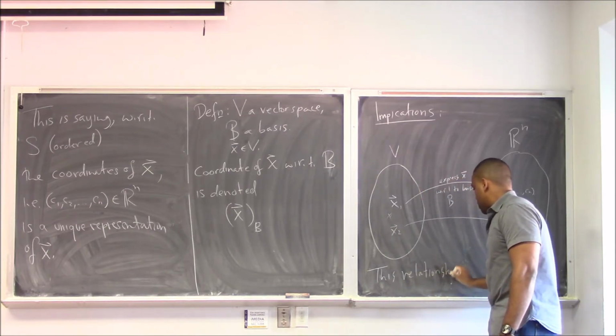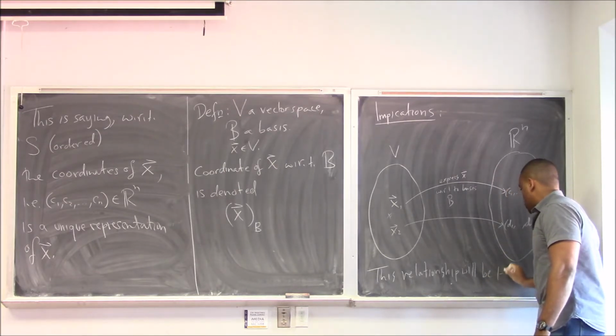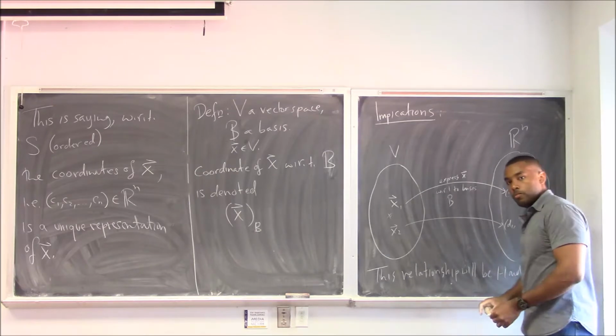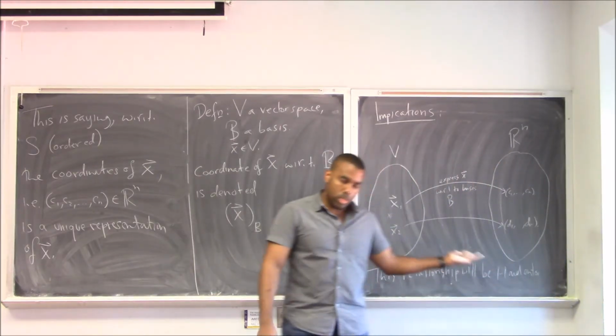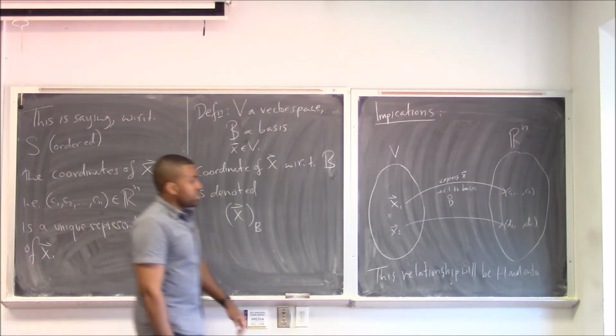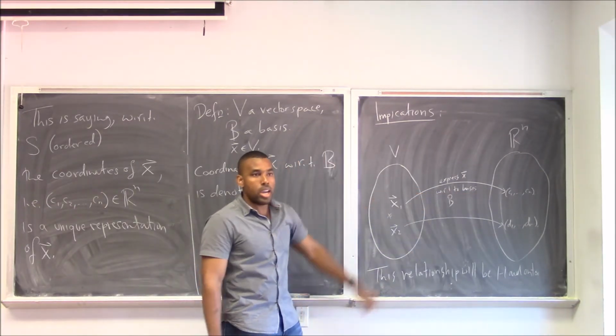This relationship will be one-to-one and onto. That's something we'll justify later, but I'm just going to tell you right now. Each vector, I can link uniquely to a coordinate in Rn.